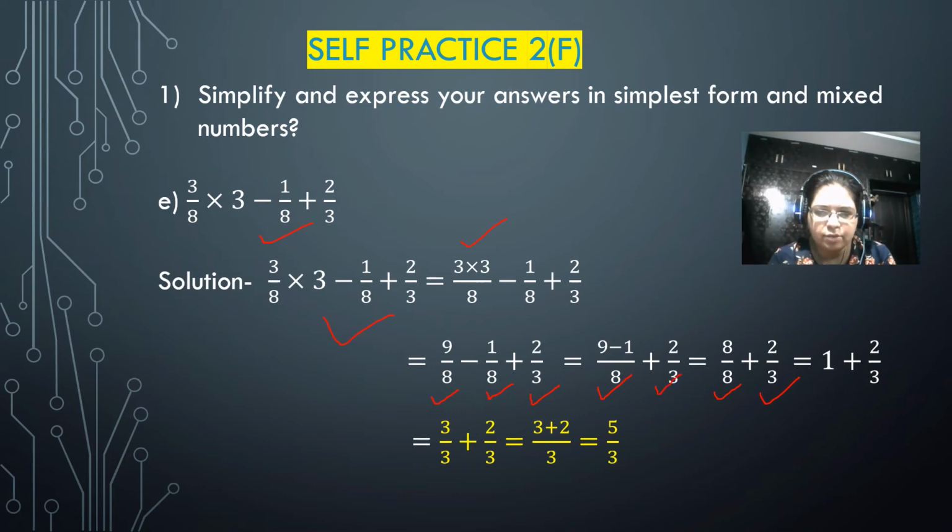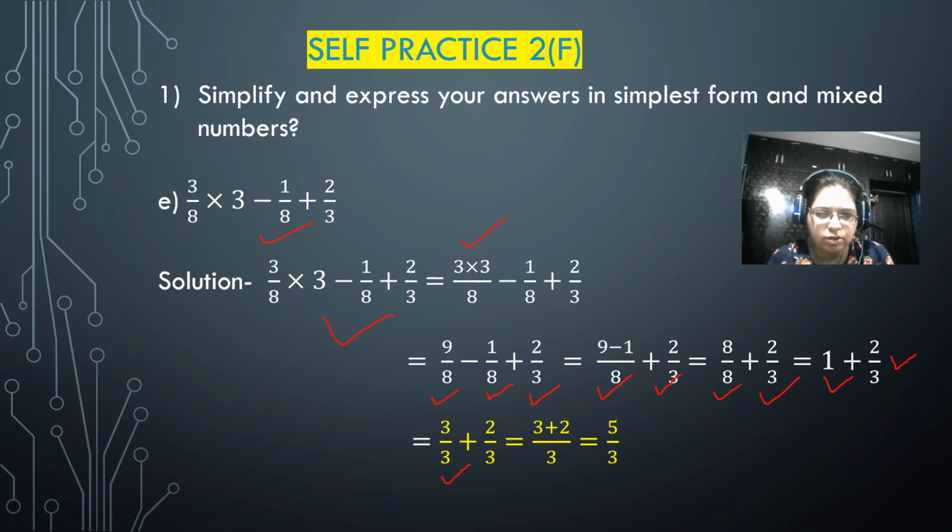8/8 plus 2/3: 8/8 is 1, plus 2/3. We can write 1 as 3/3, since 3 is in the denominator, so the denominators are equal.